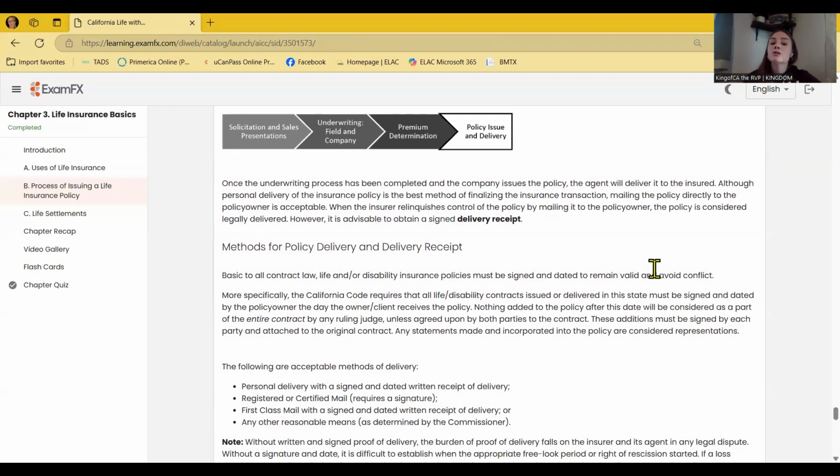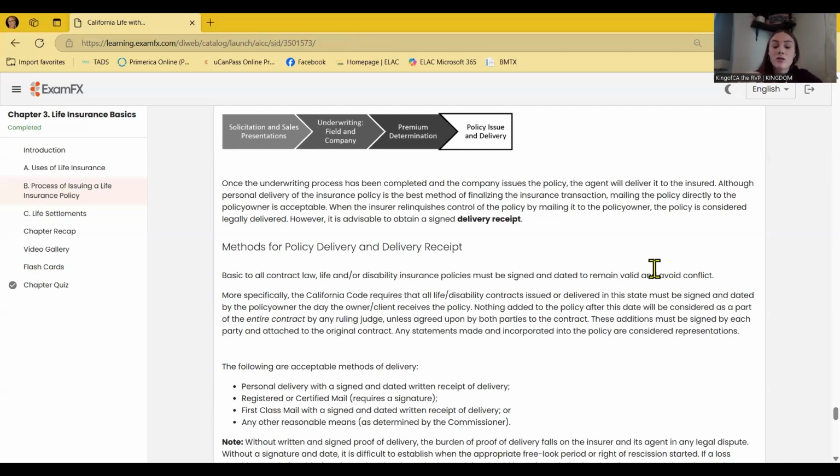Although personal delivery of the insurance policy is the best method for finalizing this insurance transaction, mailing the policy directly to the policy owner is acceptable, but only if it's done in a certain way. And this we need to know for our test.